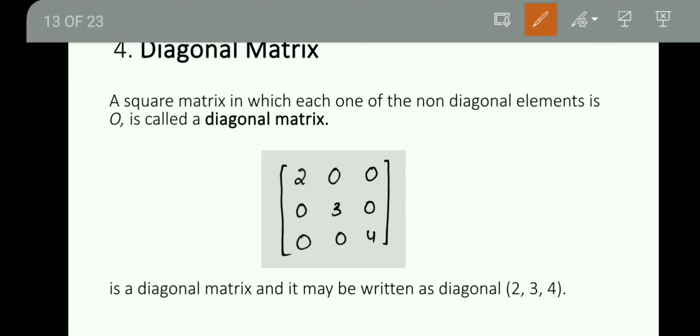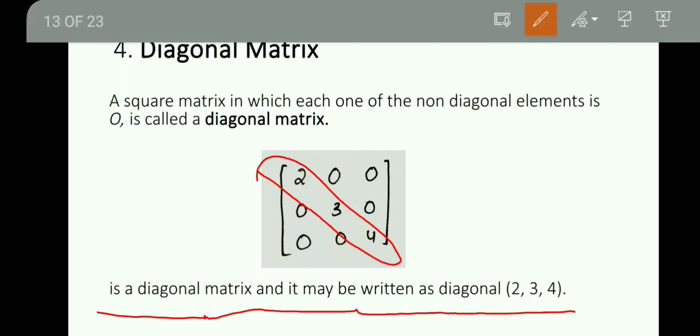Diagonal matrix. A square matrix in which each of the non-diagonal elements is 0 is called a diagonal matrix. That is, this diagonal matrix is of order 3 by 3. A diagonal matrix may be written as diagonal 2, 3, 4. That is a diagonal matrix.